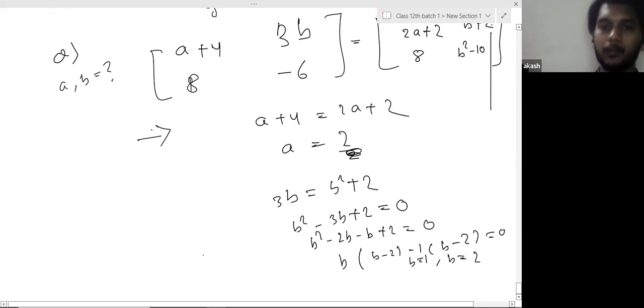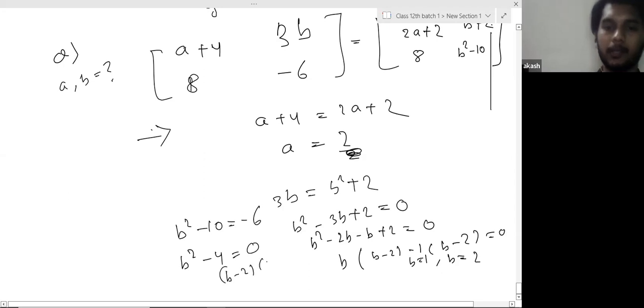Now from the second equation, what can we write? b square minus 10 is equal to minus 6, so b square minus 4 is equal to 0. So b minus 2 and b plus 2 is equal to 0, so b is either minus 2 or plus 2.